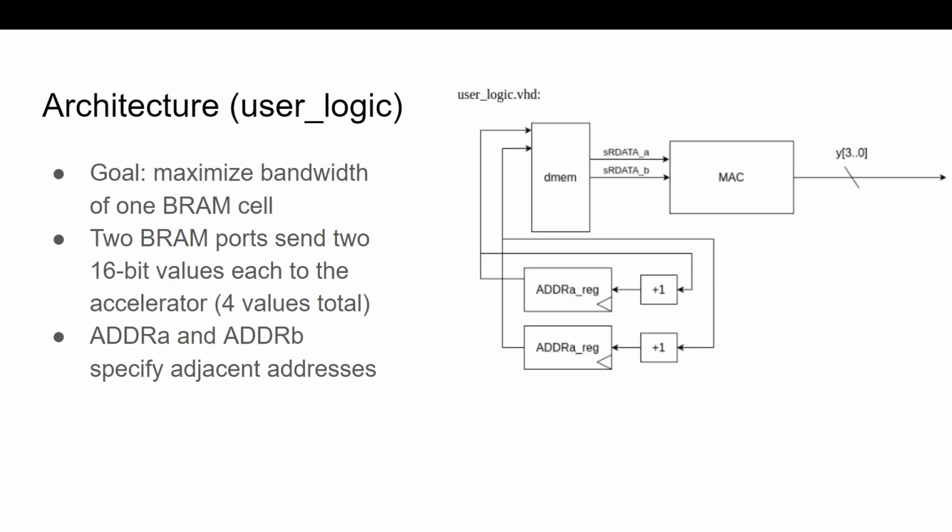Each VRAM port can send 2 16-bit values across the accelerator, which means 4 matrix values in total. And then we had two points of entry using the addresses. We had address A and address B, which were offset by 1 each, so you could keep on adding more, and we would increment the address.